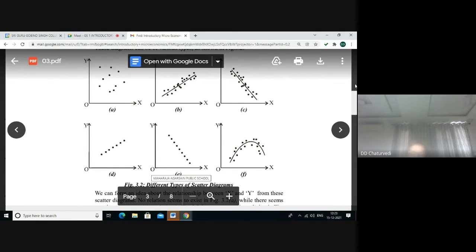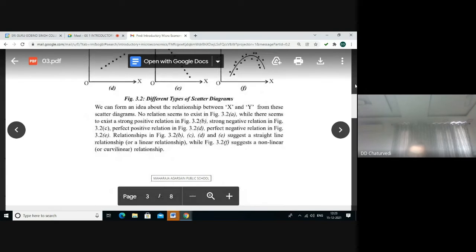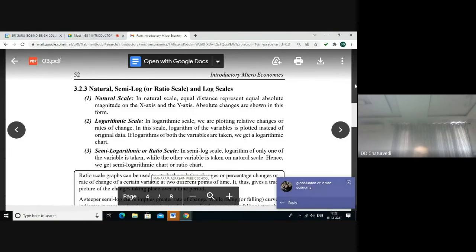D part of the diagram shows a positive linear relationship. E part of the diagram shows a negative linear relationship. And F part of this figure 3.2 shows that the relationship is positive in the beginning. After reaching the maximum point or turning point, the relationship becomes inverse, and this relationship is negative, or you can say curvilinear.